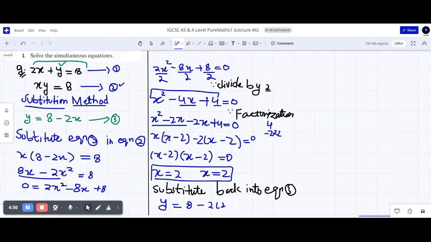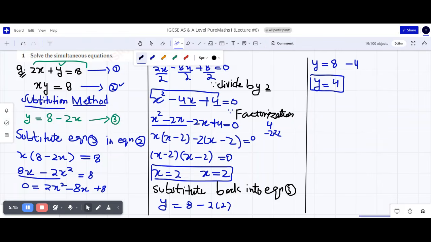So y is equal to 8 minus 4, and y would be equal to 4. If we substitute 2 again, because we got two same values of x, we will get the same answer. So the answer is repeating, and we don't need to write it two times.